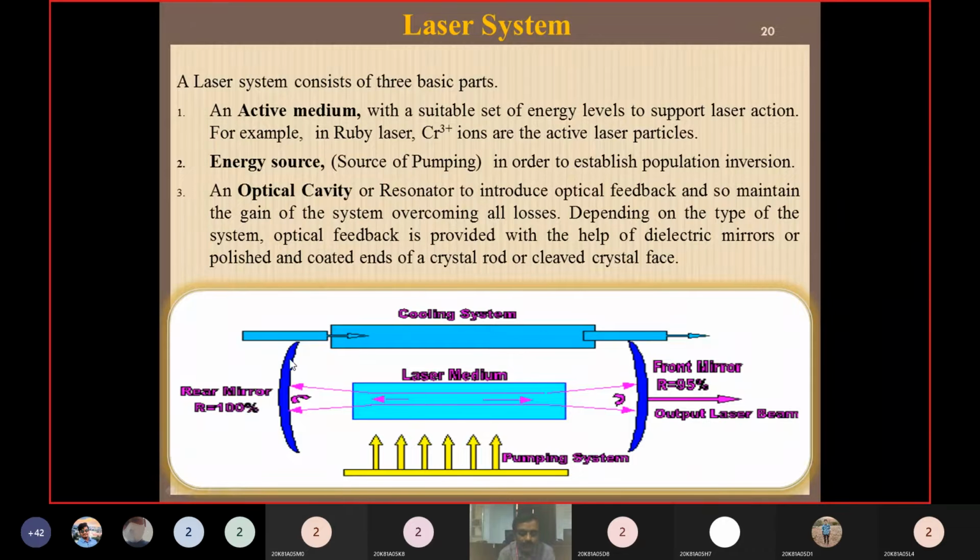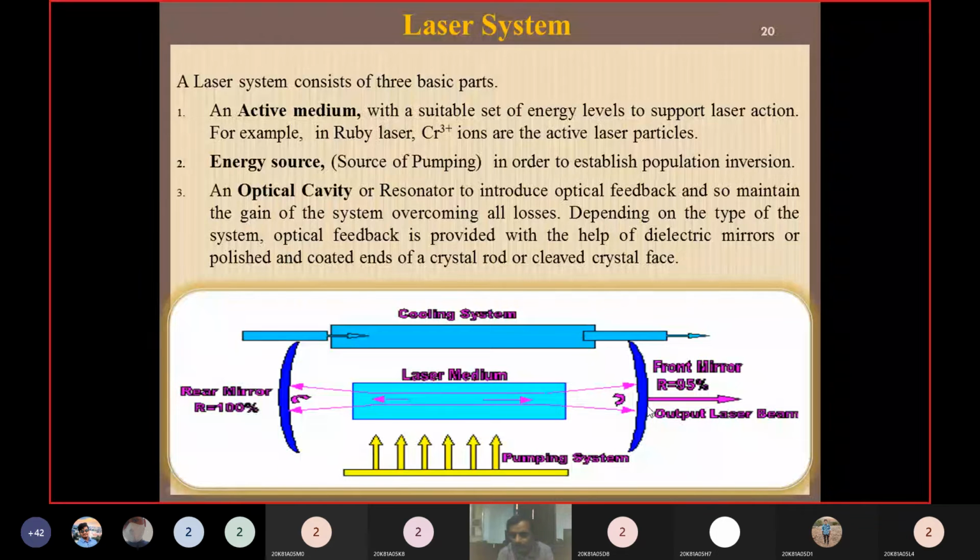So this optical cavity will be prepared using mirrors: on one side a 100% reflecting mirror, on the other side a mirror that reflects only 95% and transmits 5%.